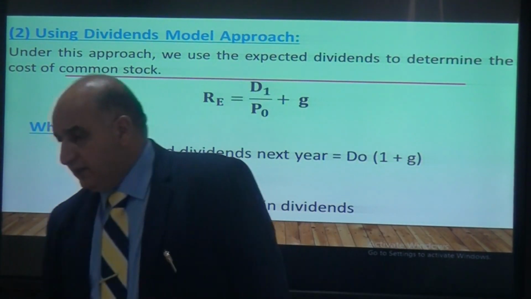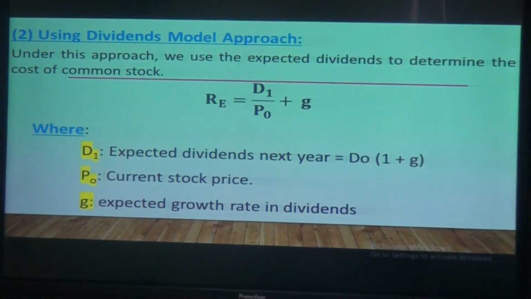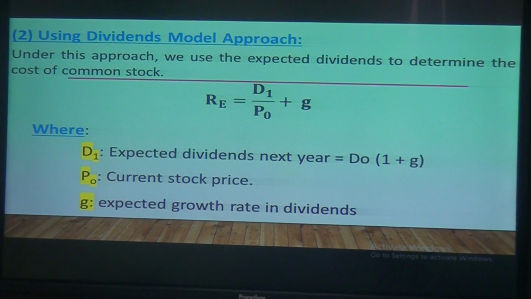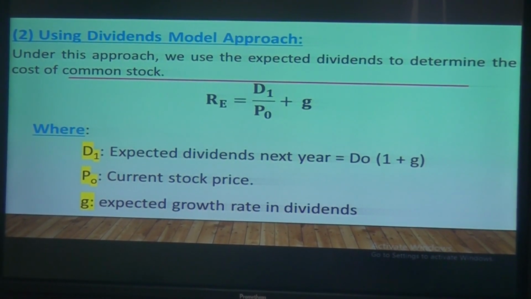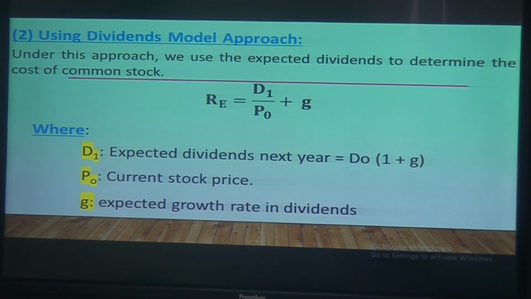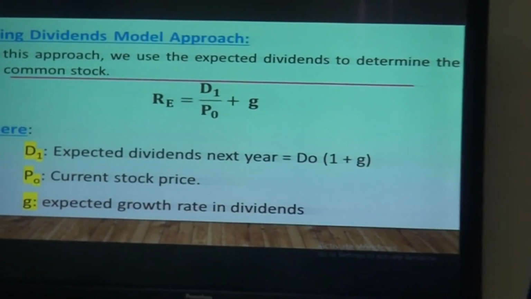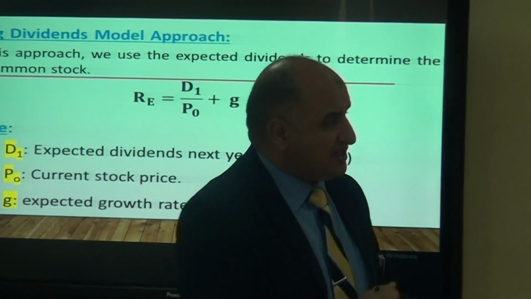Okay. Now we need to calculate the cost of preferred stocks. To understand the equation, the cost of preferred stocks is exactly the same concept. As you may remember, this is the preferred stock.